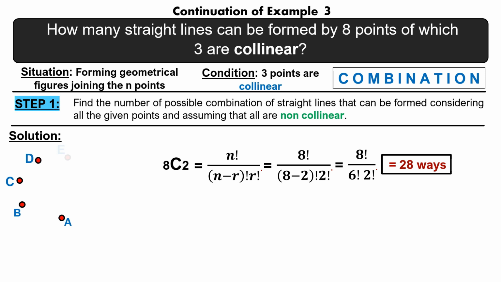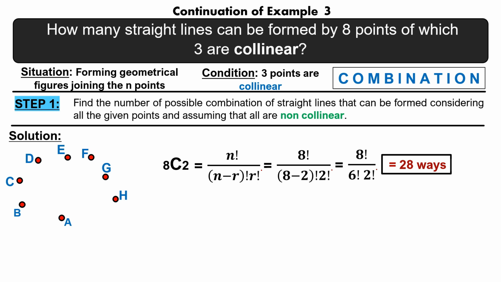Suppose, ito yung ating 8 non-collinear points, and we're going to name them as A, B, C, D, E, F, G, and H. Then, we'll connect the points to form a straight line and count natin kung ilan ang na-form regardless of the order.